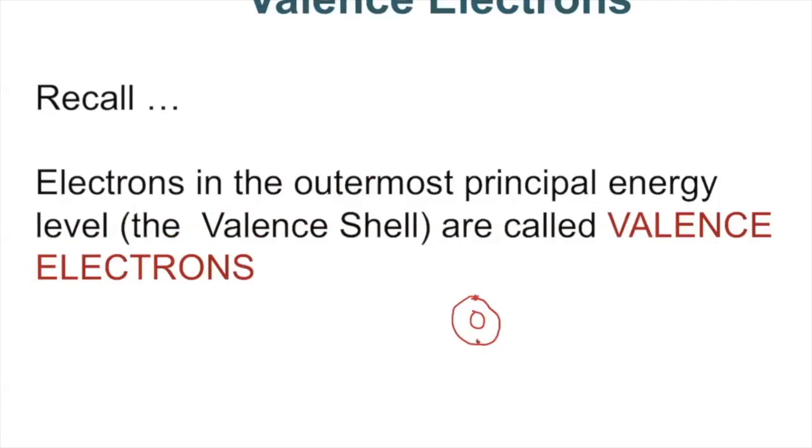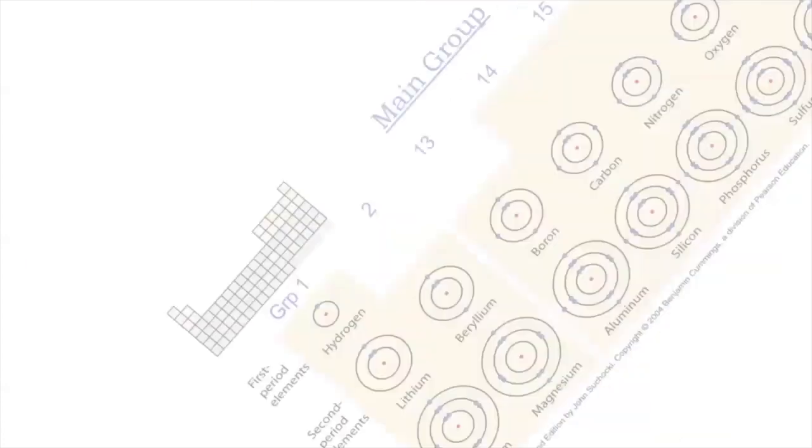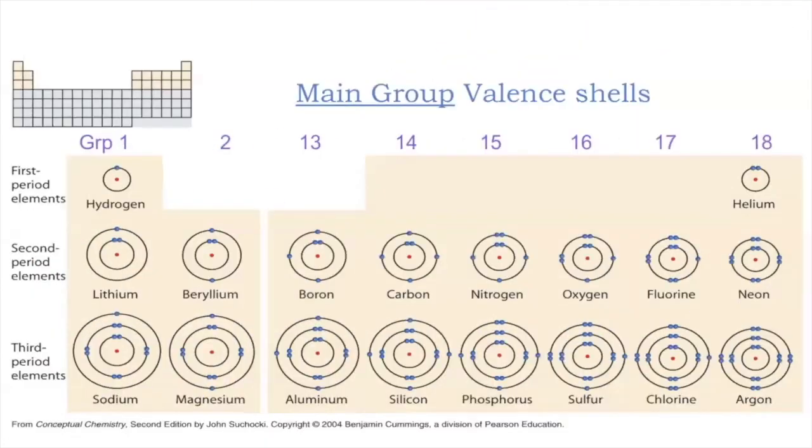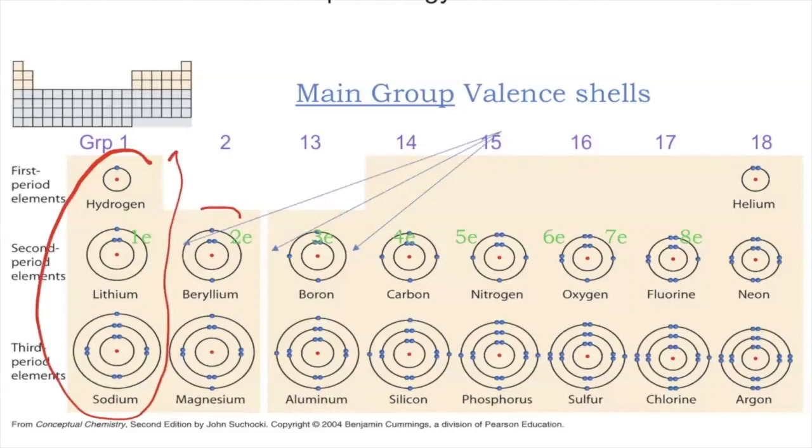We have a scientist that developed this idea that valence electrons are going to be represented with dots. As you can see, your group 1 has 1 valence electron, your group 2 has 2 valence electrons, 3A, and so on.